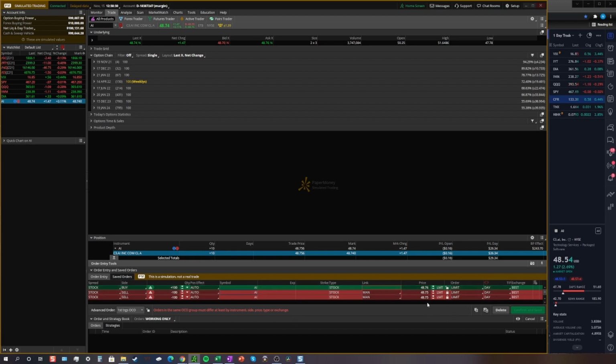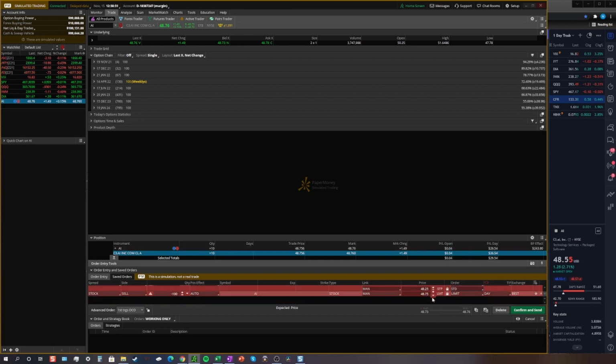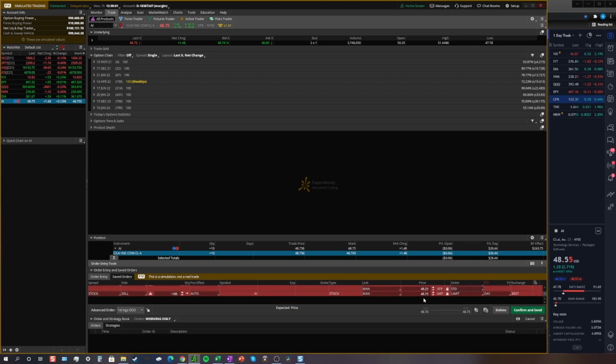What we're going to do is set up a limit buy at 48.50. Then set up a stop loss at 48.25, a stop. So we've got a stop loss with a trigger of 48.25. Once it gets to 48.25, it would market us out, and then we have a limit here, 48.75.